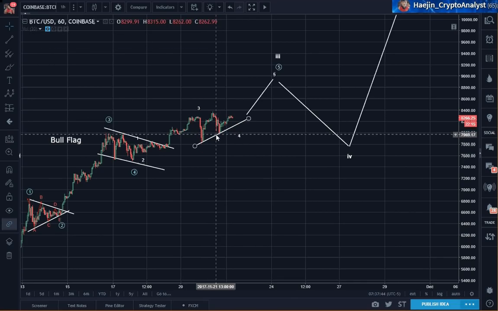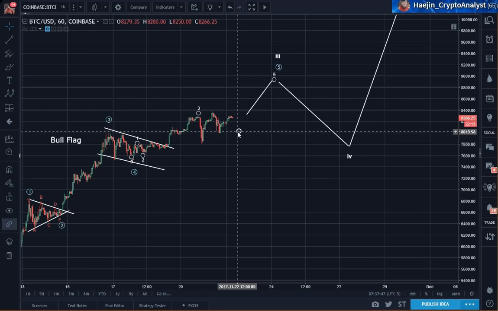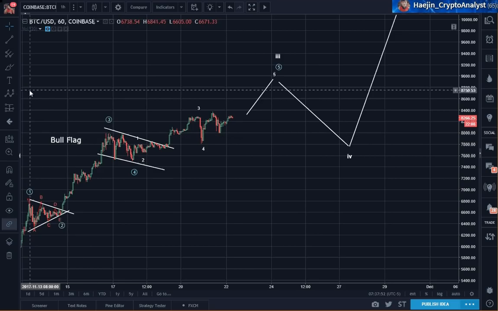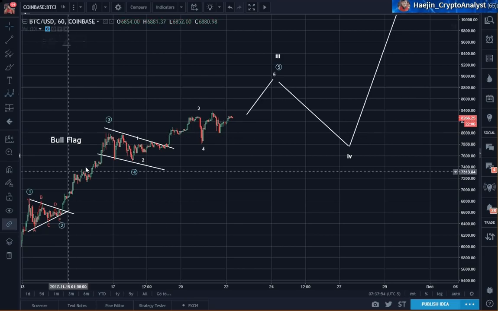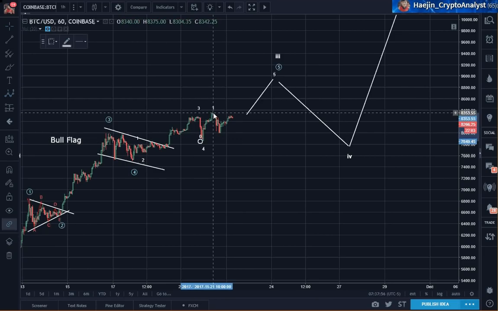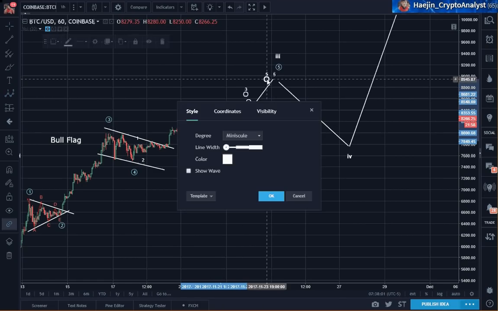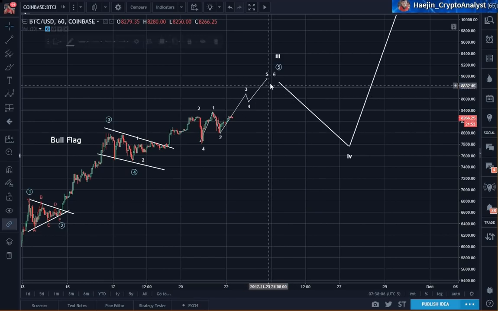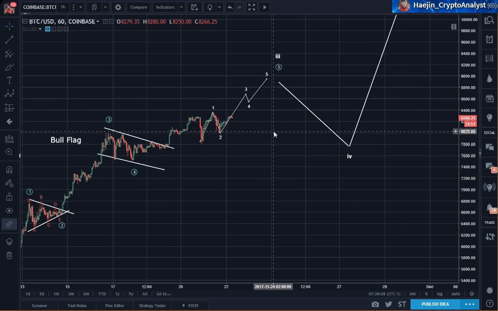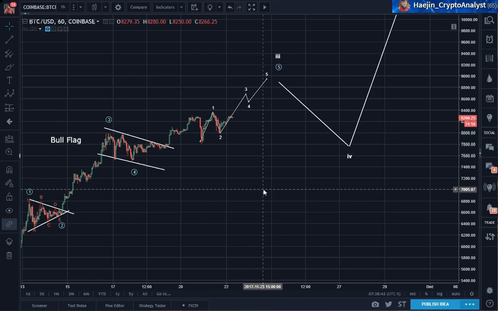The second thought I had was that 4 is here. Price will then impulse up, like this. Those are the two primary pathways for the up direction that I have.